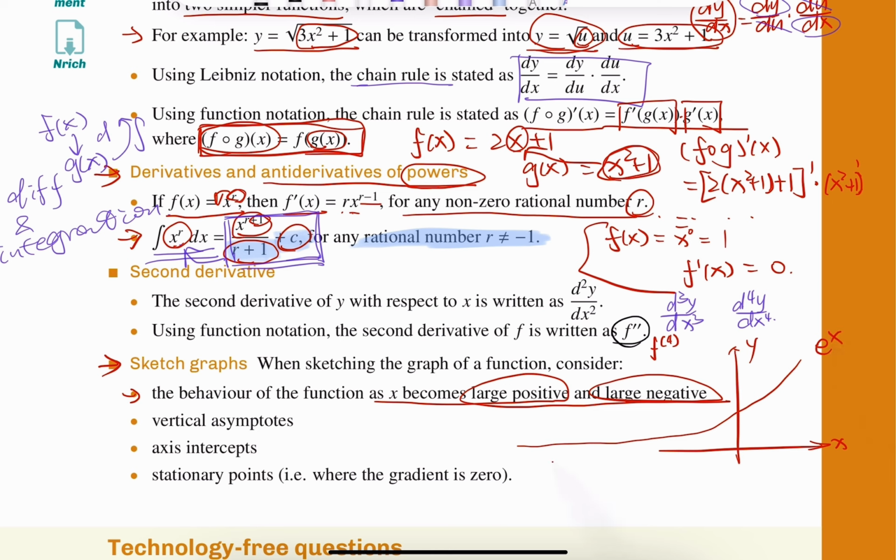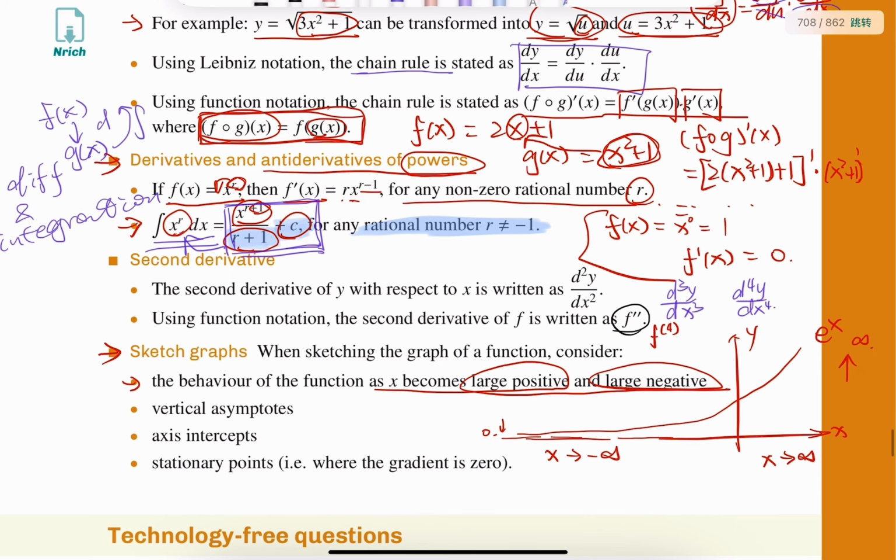If x is approaching negative infinity, which is large negative, then the function is approaching 0, right? And what about large positive? If x is converging to positive infinity, then the function becomes infinity as well.